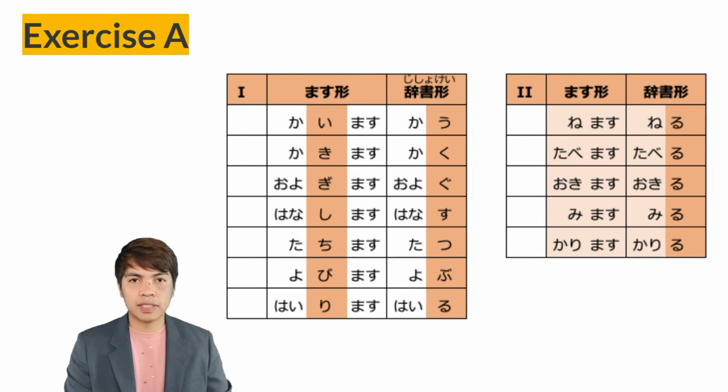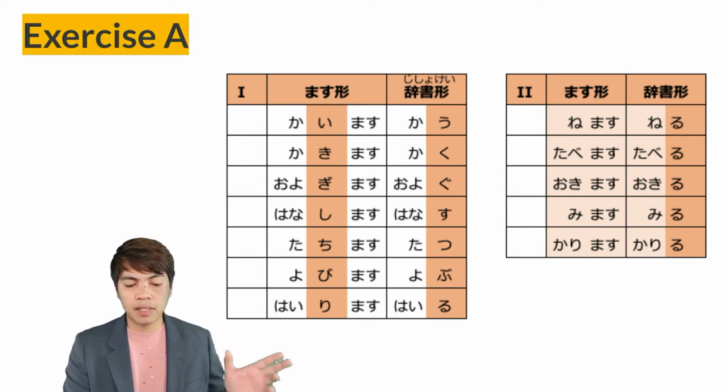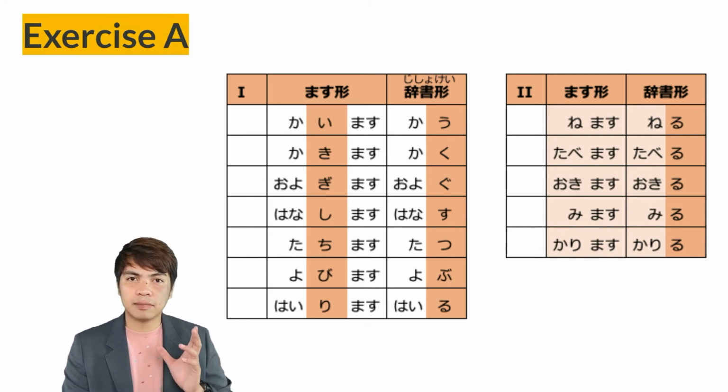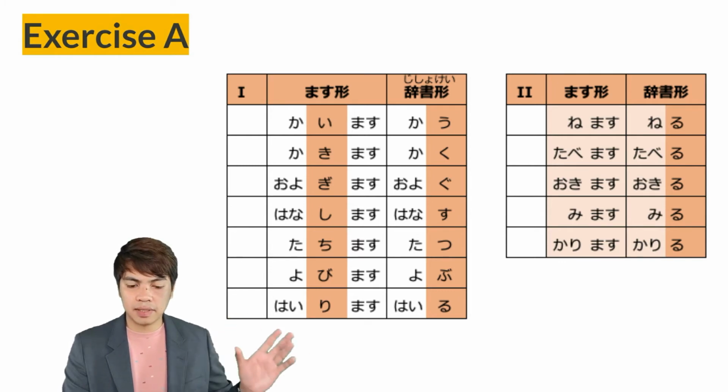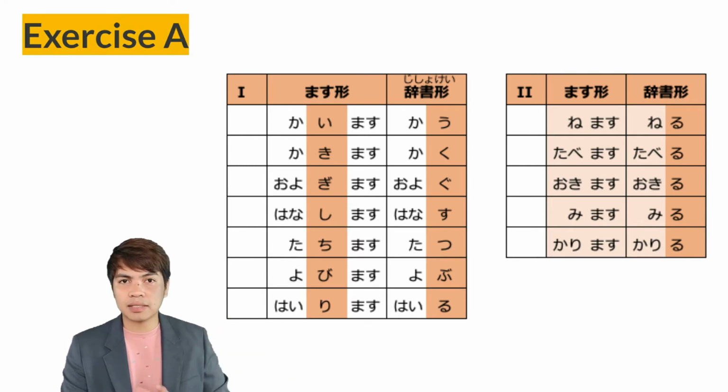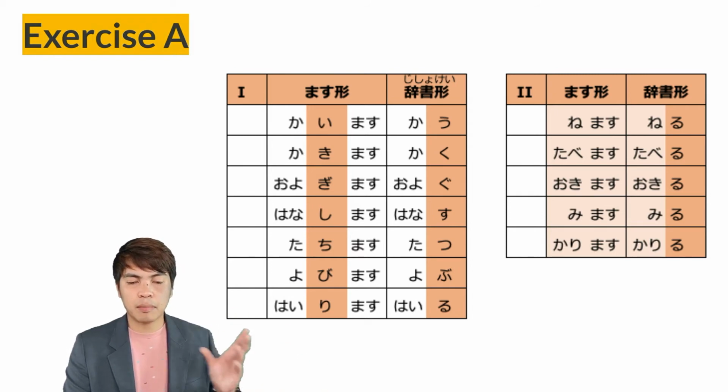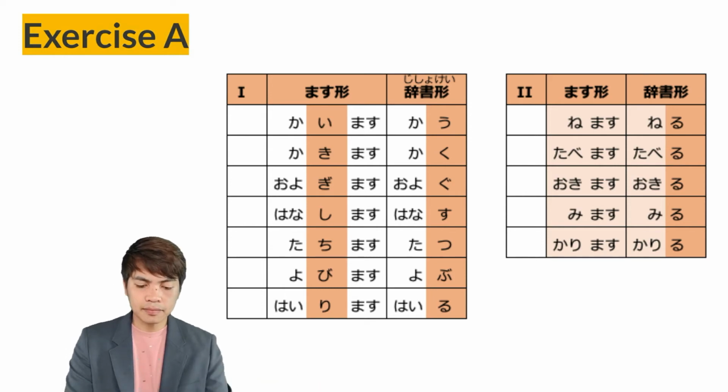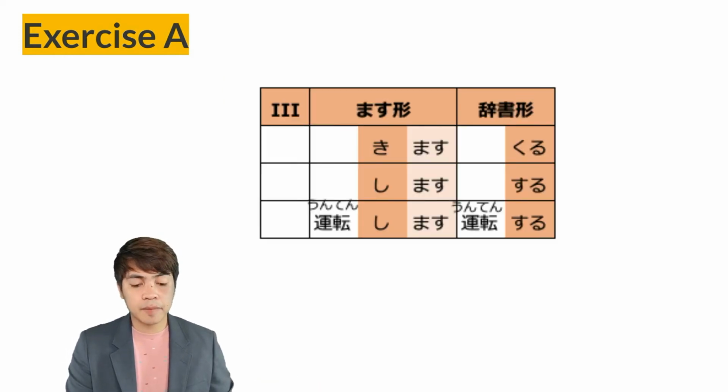Okay, next, for the group 2 verbs, just simply remove masu and add ru. So for example, nemasu, remove masu, add ru, neru. Tabemasu, taberu. Okimasu, okiru. Mimasu, miru. Karimasu, kariru. And for the group 3 verbs, let's start from the group 3 verb kimasu, which means to come.